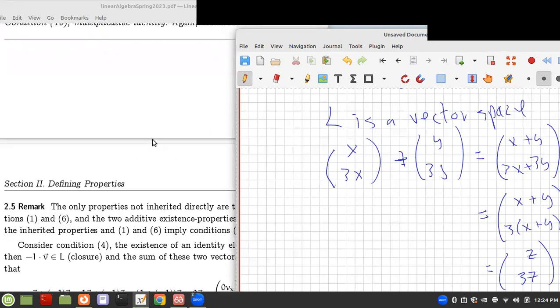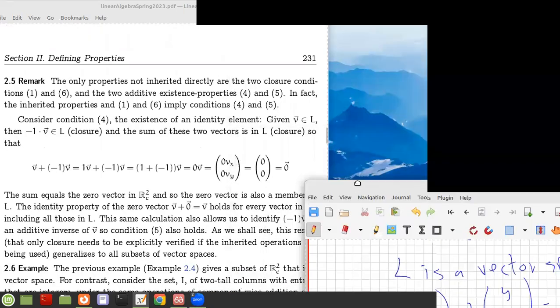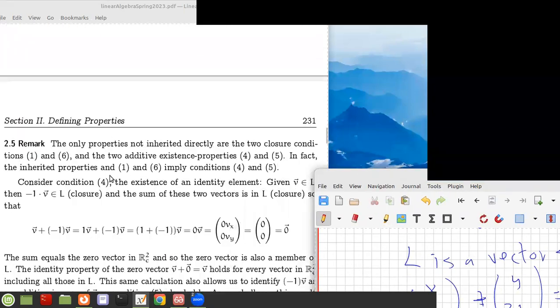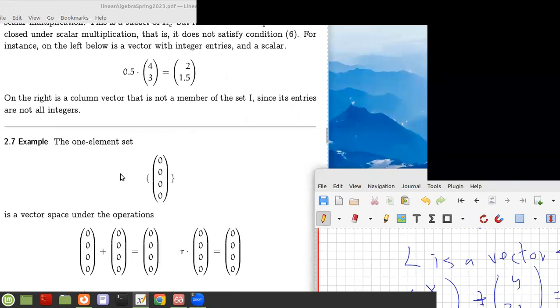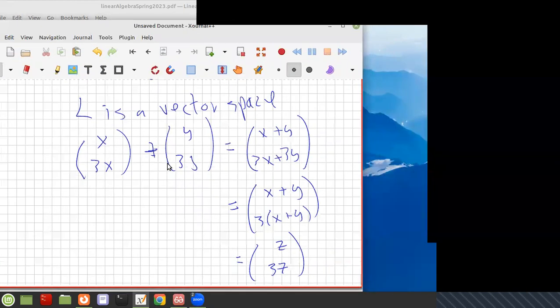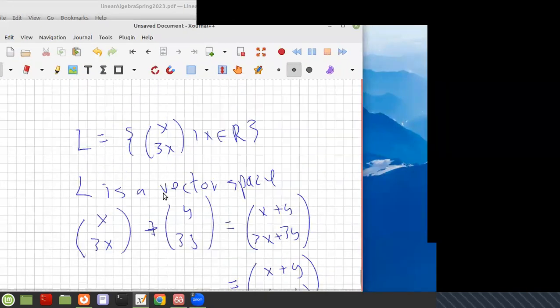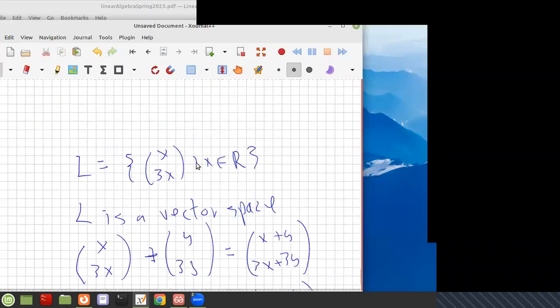Okay. So we just use the associative property and find another member of the set. Well, we'd have to verify that held.